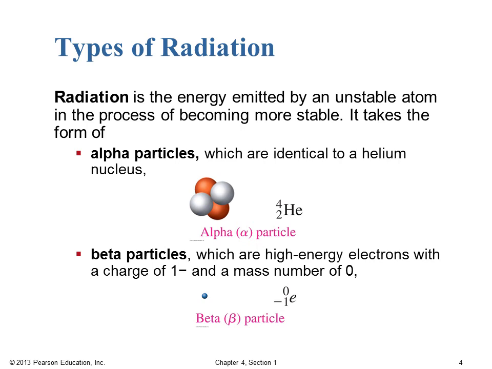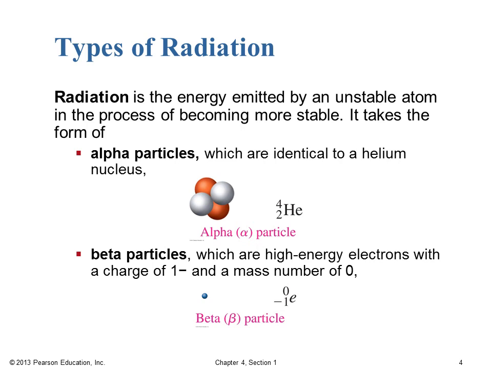So radiation is basically energy. It's an energy that calms the atom down, so it emits some type of energy for that element or atom to become more stable. We're going to talk about the three main types of radiation. There are other types of radiation, but we don't need to cover that in this class.